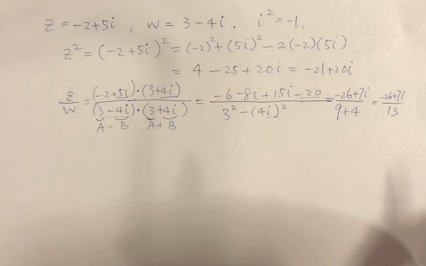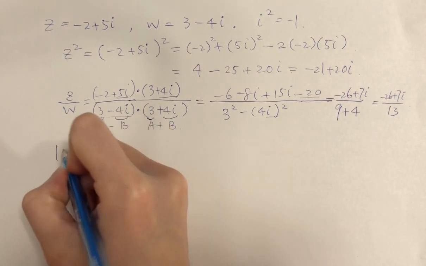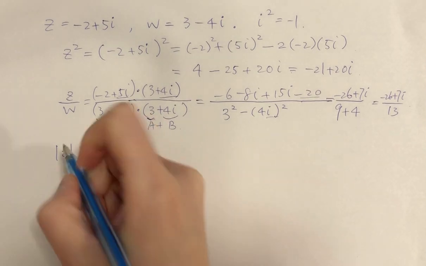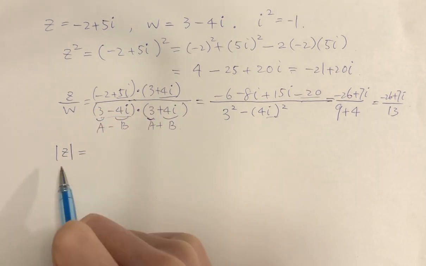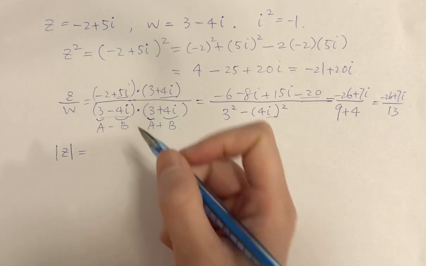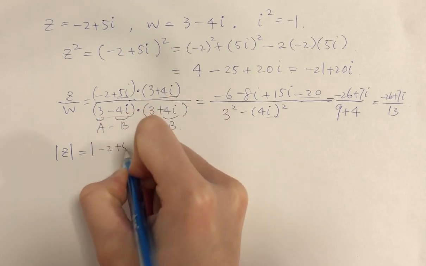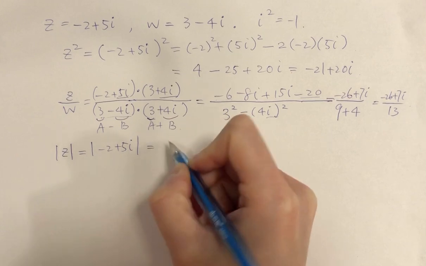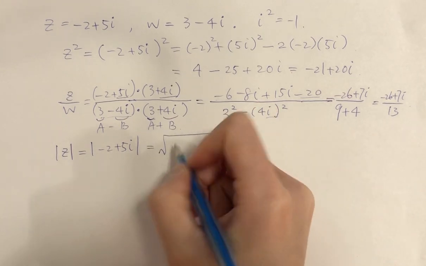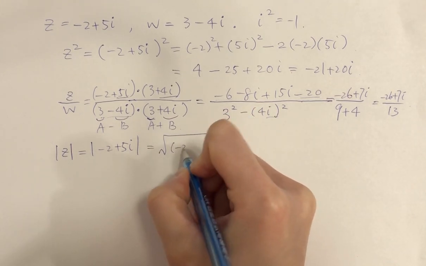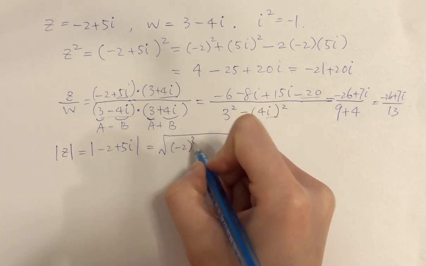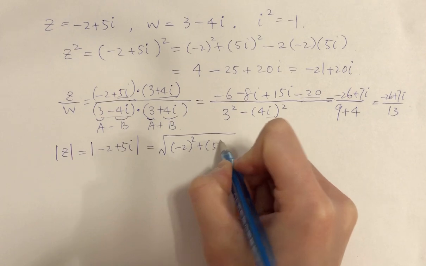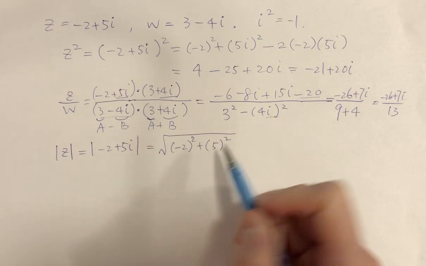Okay, so that's division. Another thing is something that looks like the absolute value, but it's called the modulus of a complex number. The way to get that is to take the square root of the real part squared plus the imaginary part squared, without the i.